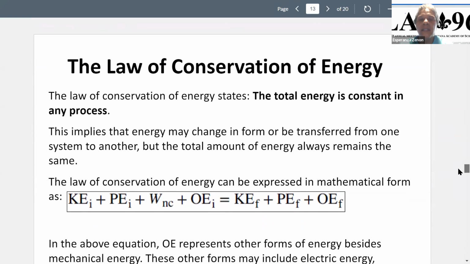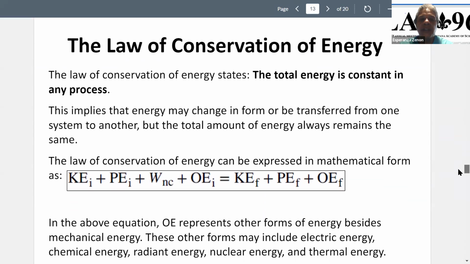Okay, and this expression that you see here is a more encompassing statement of the law of conservation of energy. So the total energy that you start with, the energy from all of your different sources, add it up, and that equals the total amount of energy from all your sources that you finish with.